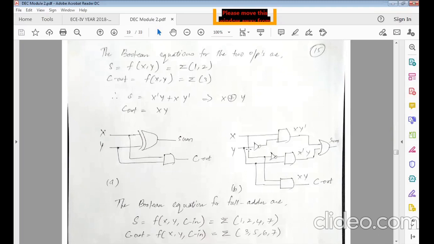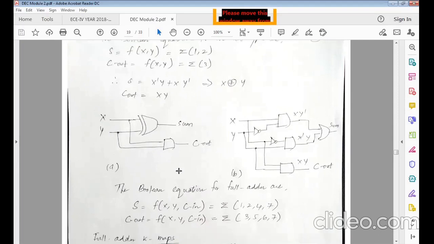Then x and y both are multiplied, I get C out. So this is an alternative way of implementing just without the help of XOR gate using basic gates. So if I mention in the question to implement a full adder using basic gates, then this is going to be your answer, and with the help of XOR, it's going to be as simple as diagram A.